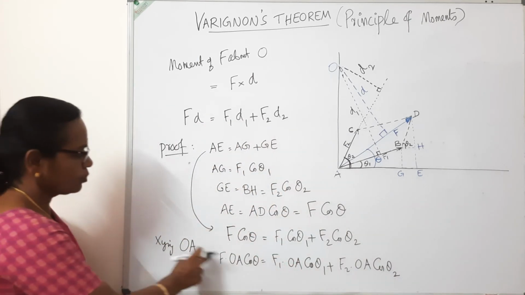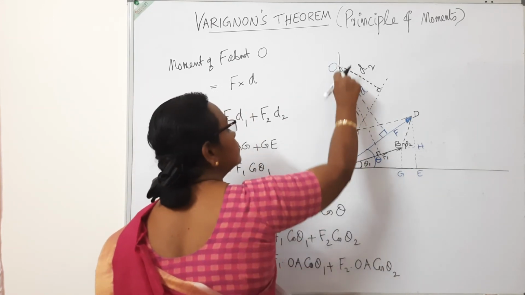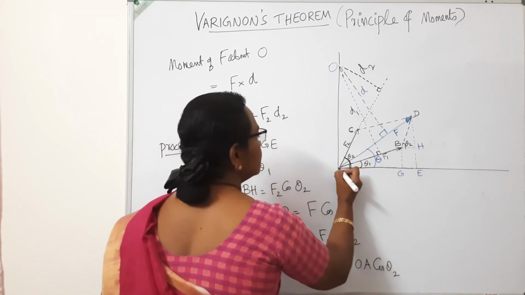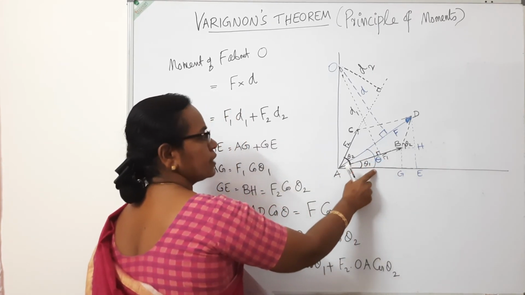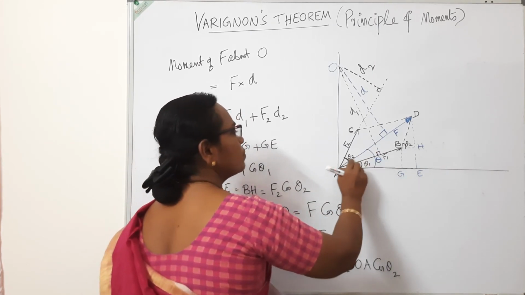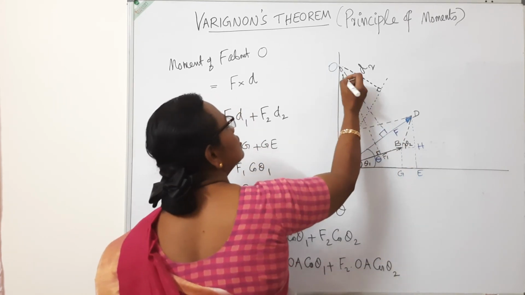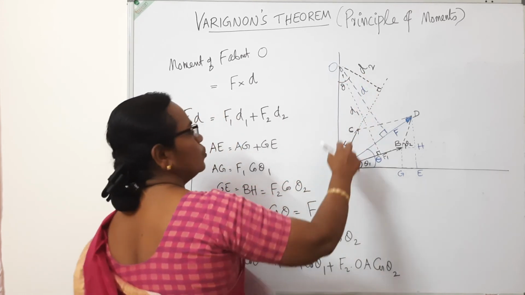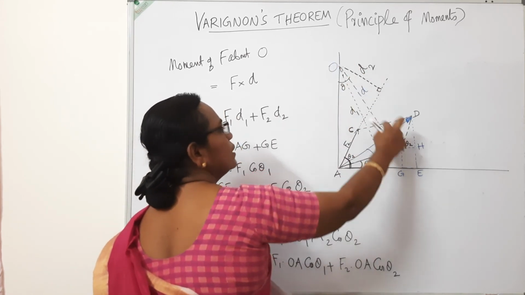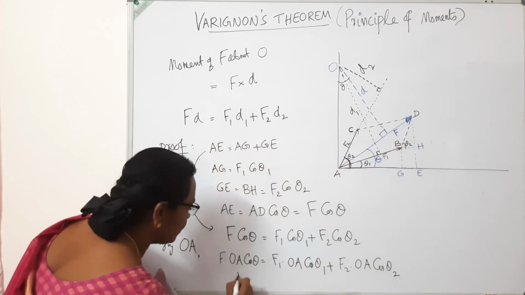Why have I multiplied with OA? Let us see from here. Theta is this angle between F and the horizontal. That will be the same as the angle between the normal to this and the vertical. So this angle is also theta. So OA cos theta is nothing but D.